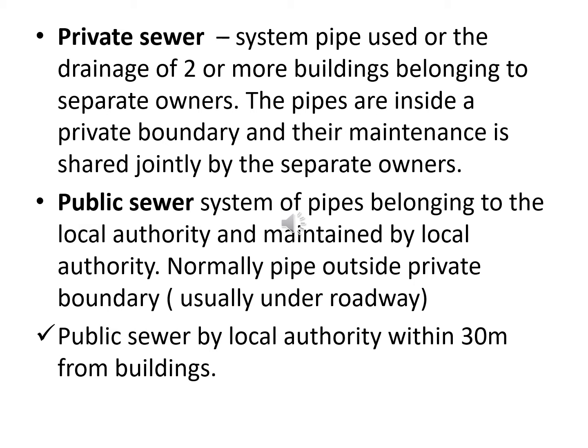Meanwhile, the public sewer is a system of pipes belonging to the local authority and maintained by the local authority. Normally the pipes are outside the private boundary, usually under the roadway. The public sewer is provided by the local authority within 30 meters from the buildings.